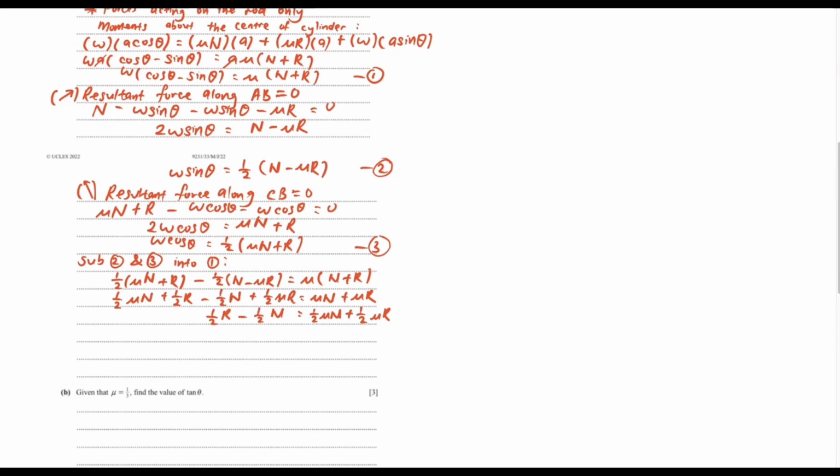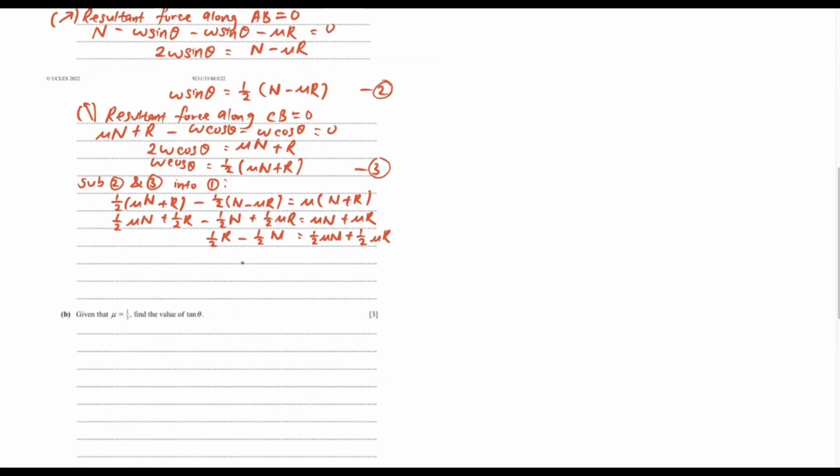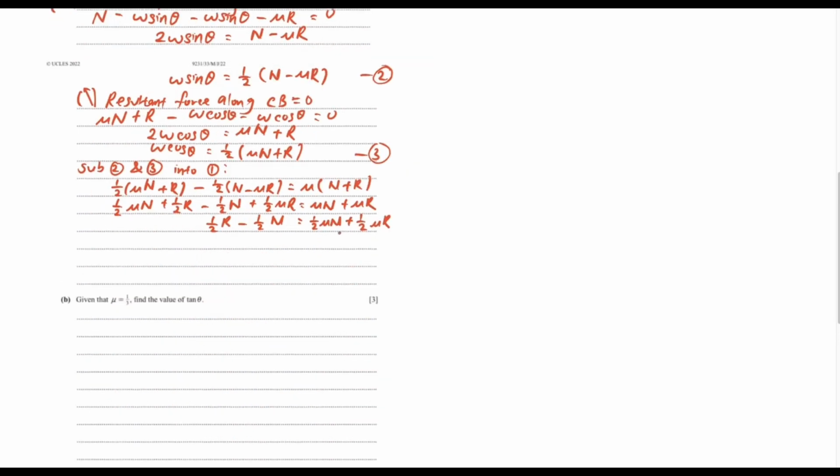So what we want is R to n. I have to put together the R terms, so I shift the R terms to the left. I shift the n terms to the right: 1/2 n plus half n.